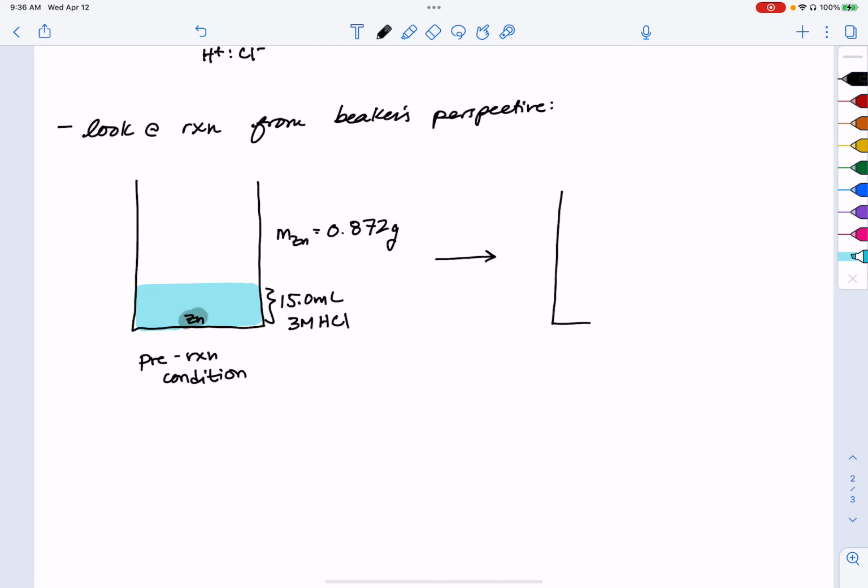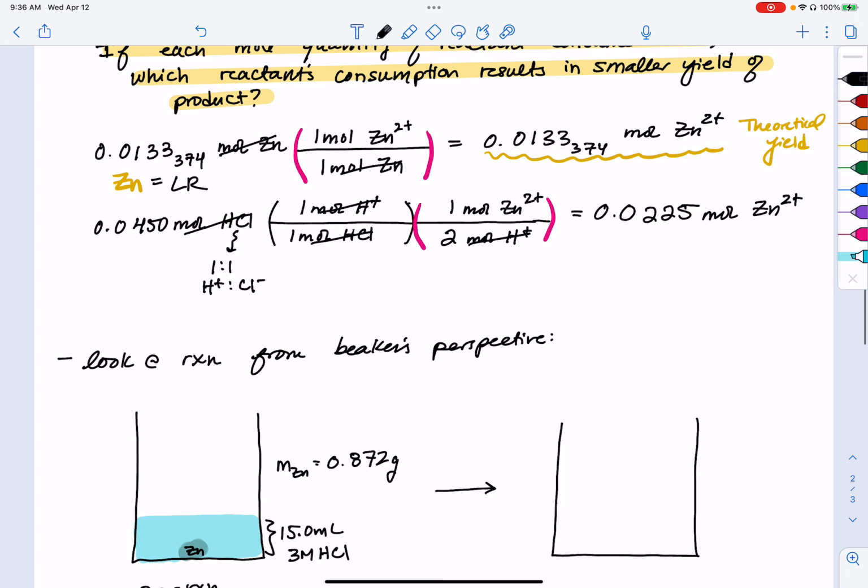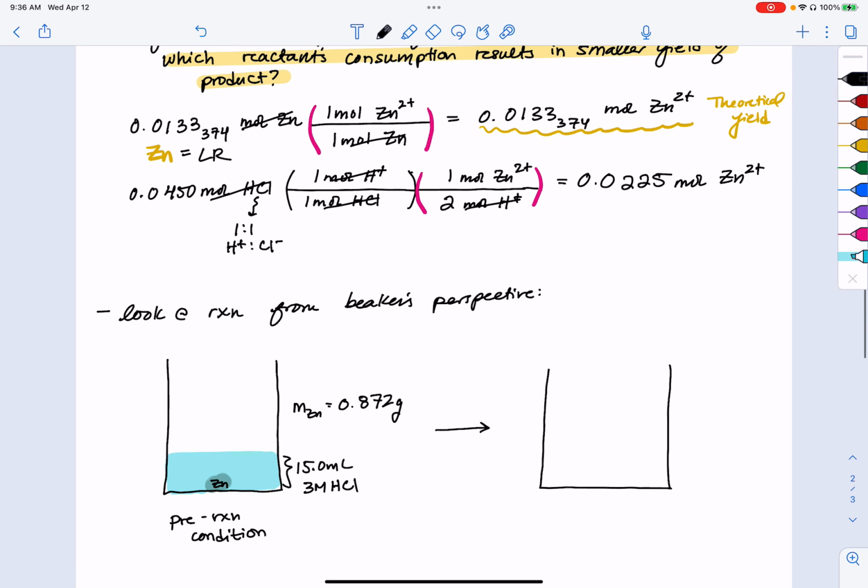All right. What's happening afterward? So we said that the limiting reactant, according to our stoichiometry here, is the solid zinc itself. So I would not expect to see any solid zinc in my reaction flask at all once the reaction has concluded.